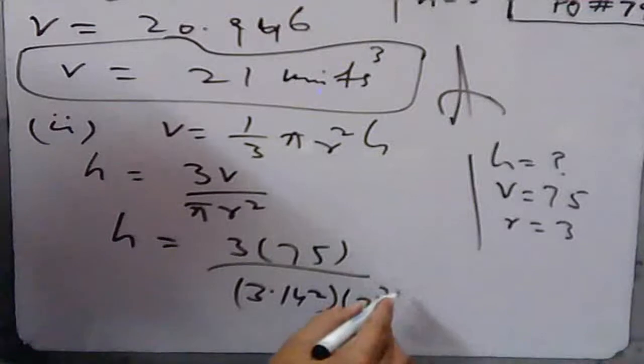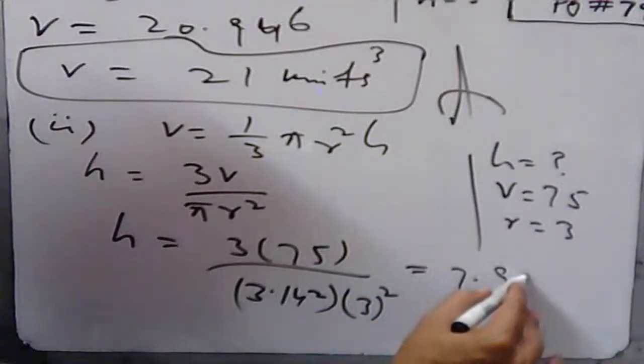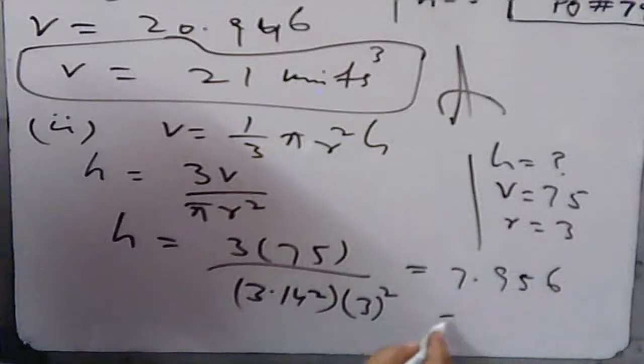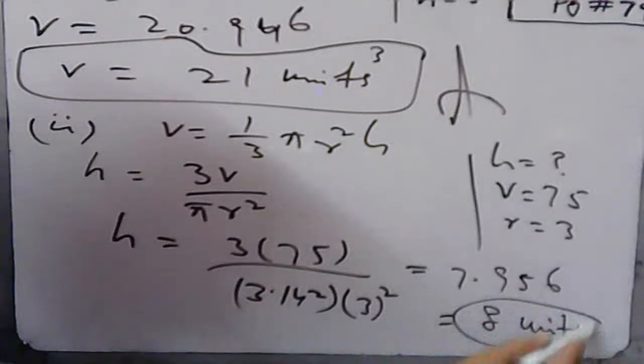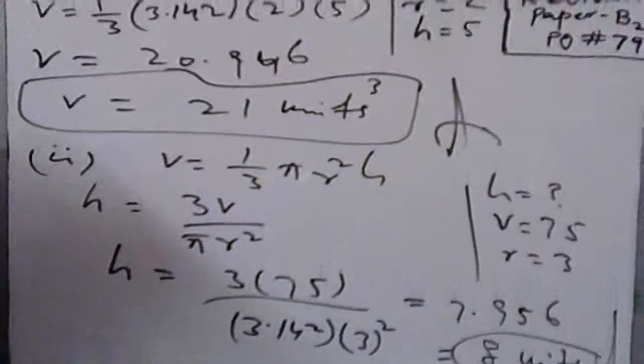So after simplification you will get 7.956, which by rounding off is equal to 8 units, because it is height, so 8 units is your required result.